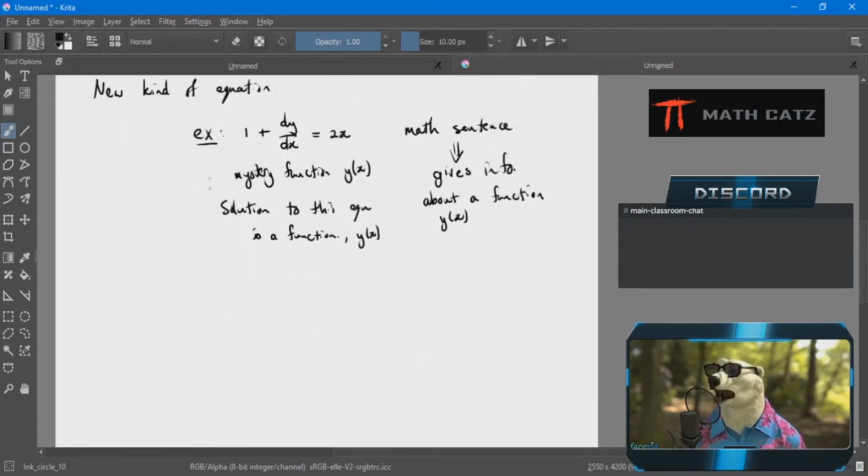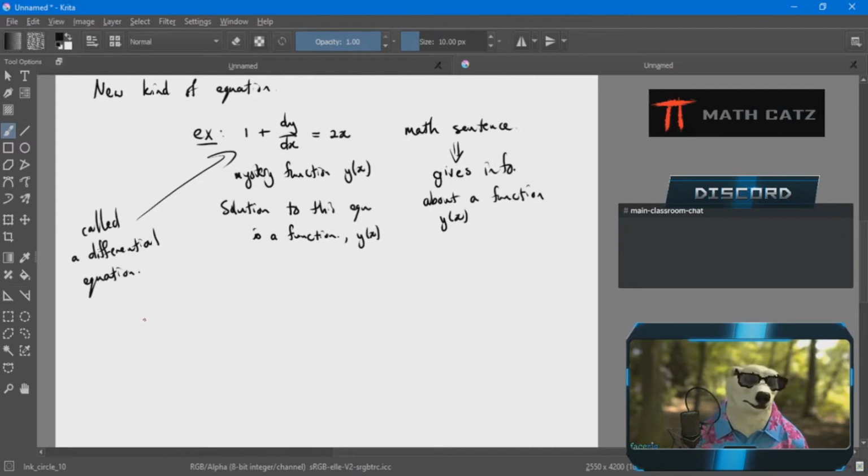So I have a new kind of equation, and we're going to call that appropriately a differential equation. More specifically, an ordinary differential equation, because if you pursue this topic further, there are other kinds of differential equations, just like there are different kinds of normal variable equations.